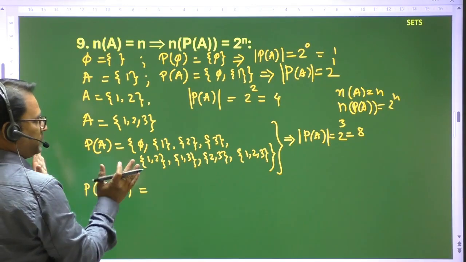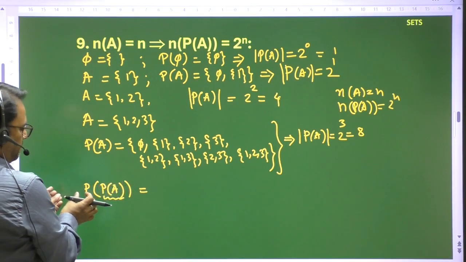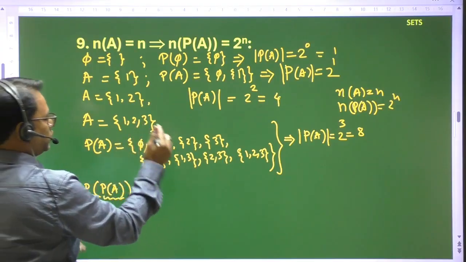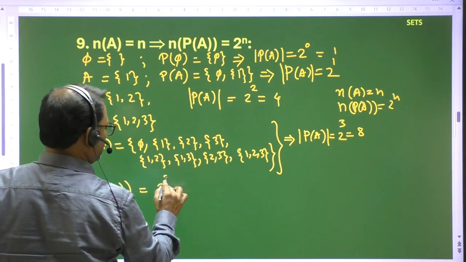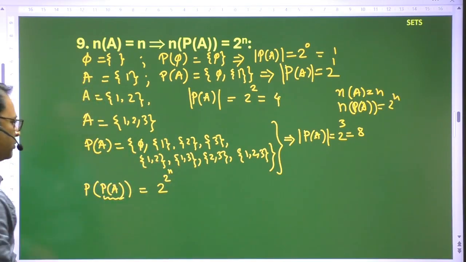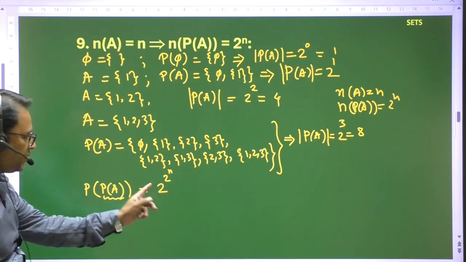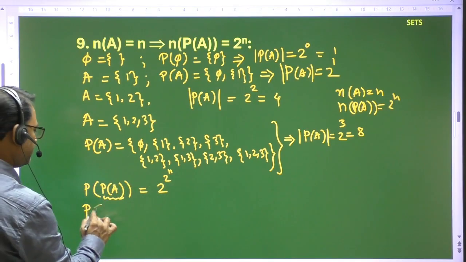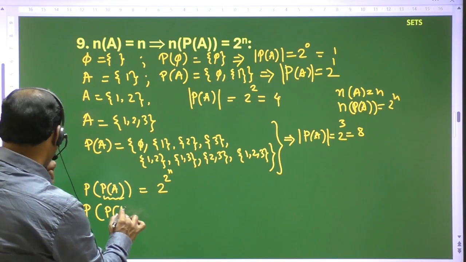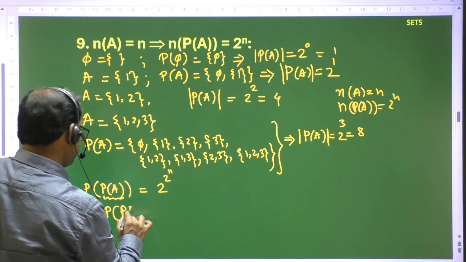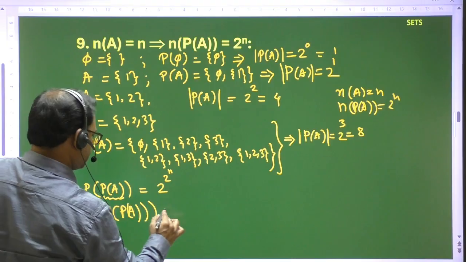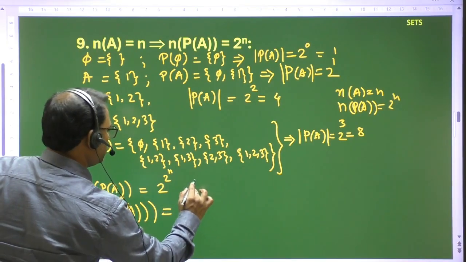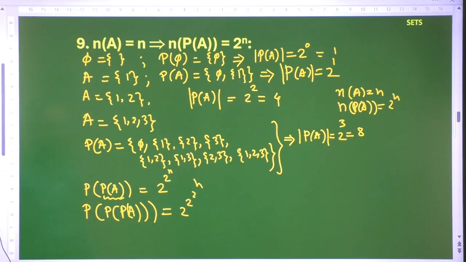If you call 2 to the power n as x, then the power set of that will have 2 to the power x elements, that means 2 to the power 2 to the power n. Similarly, for the power set of A, this will be 2, 2, 2 and the n. N is the number of elements present in the set A.